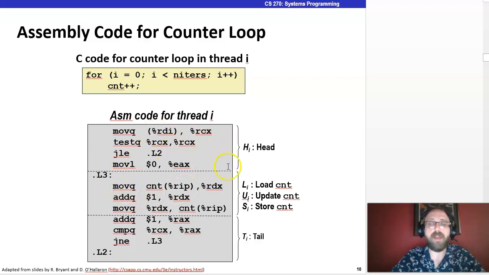So we had the head, a load, update, store, and then the tail. And if the load, update, and store of two different threads are interleaved with one another, then we could end up with, even though we executed this line twice, count only being actually incremented once.